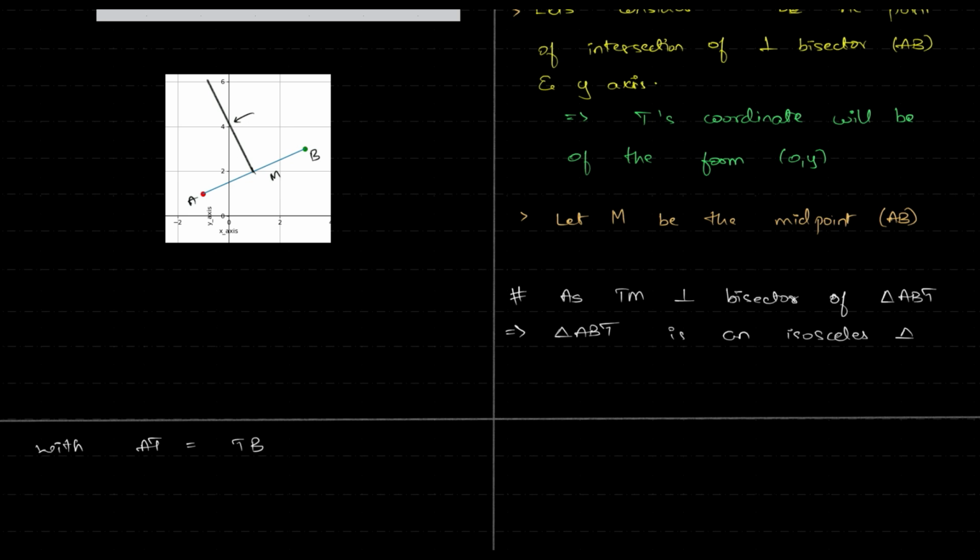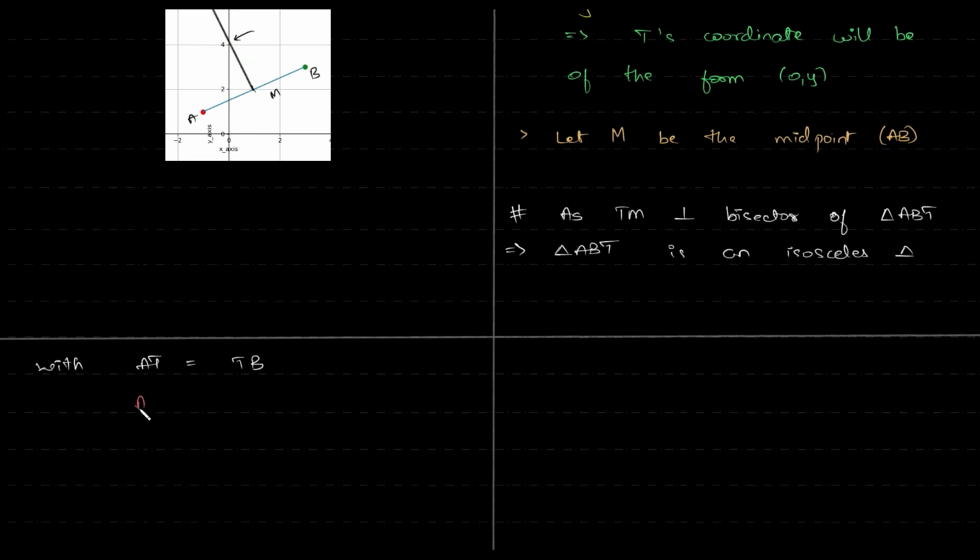Right guys? And so AT square is equal to TB square on squaring both sides. So we have the distance formula that we need to use, and that's how we'll figure out the value of y.